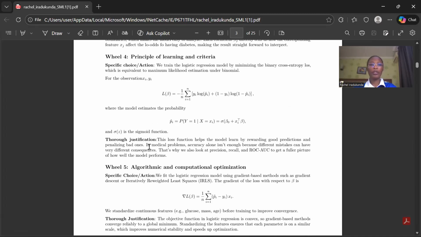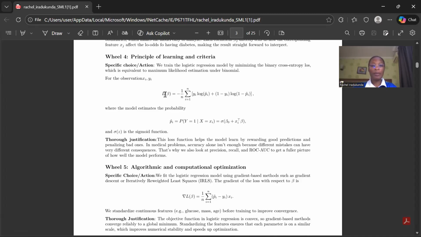Rule number 4 is the principle of learning. This is where we train and we test. Here we train to minimize the loss for the probability of getting diabetes at a high level. Here we apply logistic regression with the maximum likelihood method.